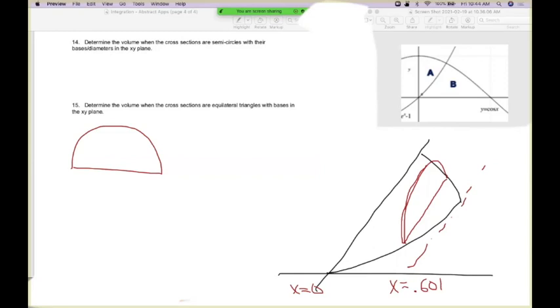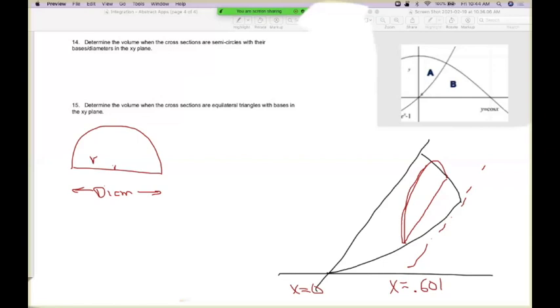Now what we've got to do is find the cross-sectional area of this thing. Well, this diameter is all the way across, but we don't calculate the area of a circle with a diameter. We calculate it with the radius.